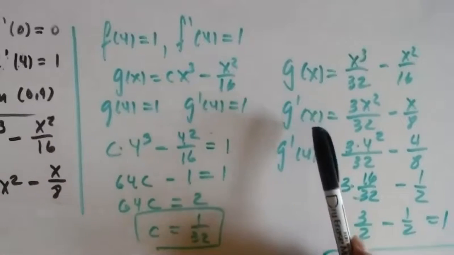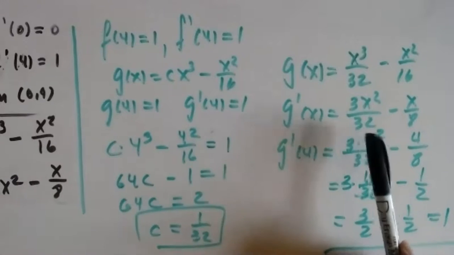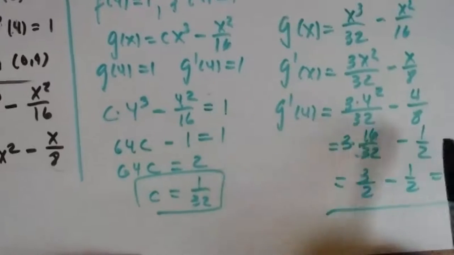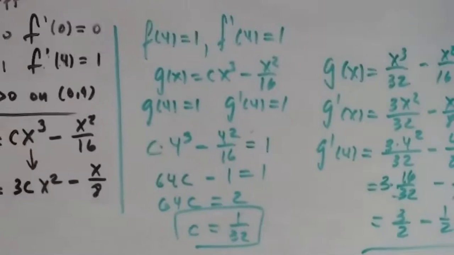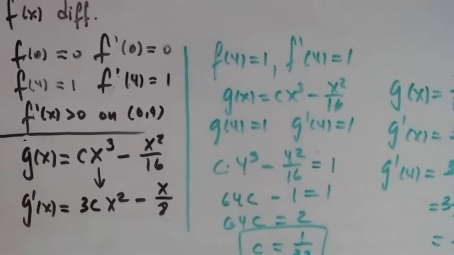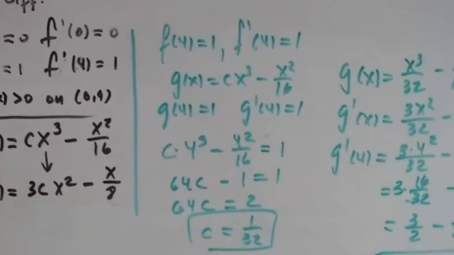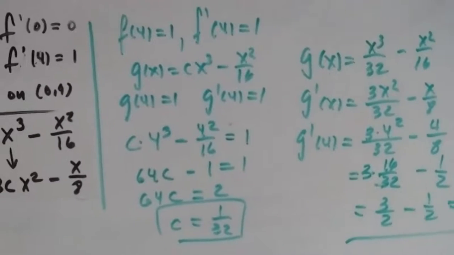I get g prime, and then I put a 4 here, and then I check that this g prime of 4 is 1. Okay, it's a long thing, right? Questions at this point? Sorry about the previous explanation. We have to begin really with the first equation. Okay, let's do the next one.